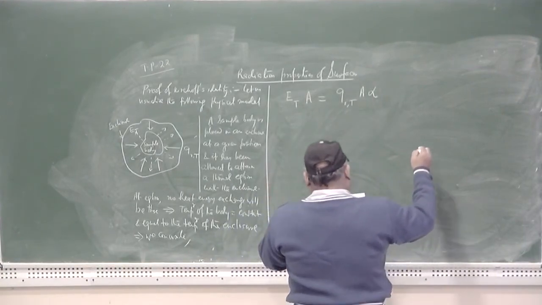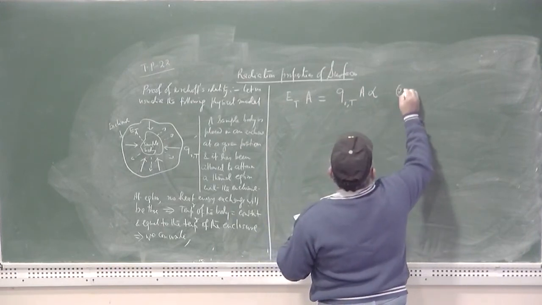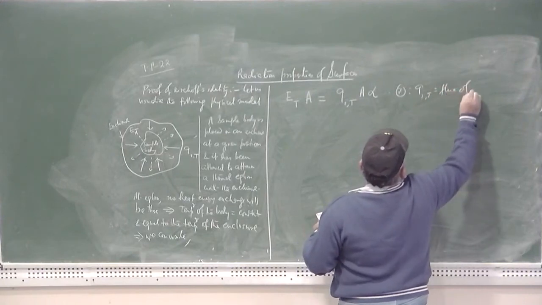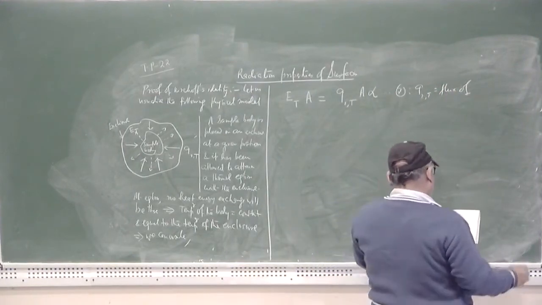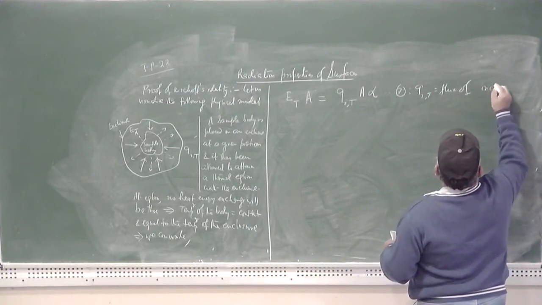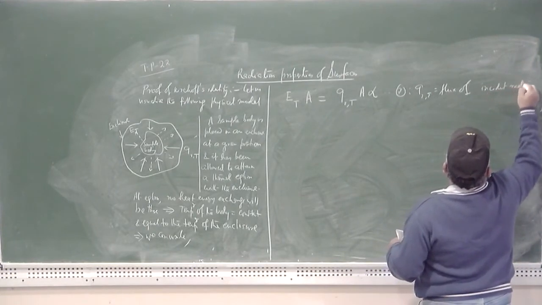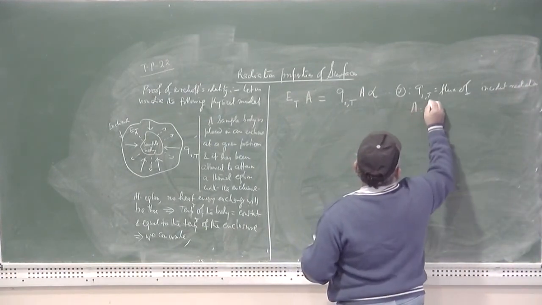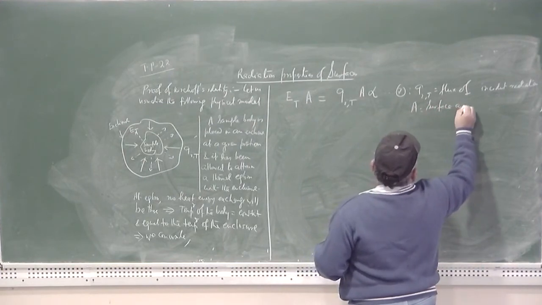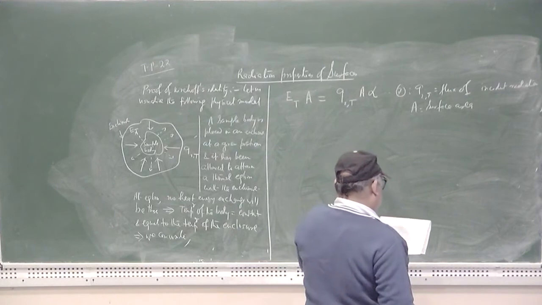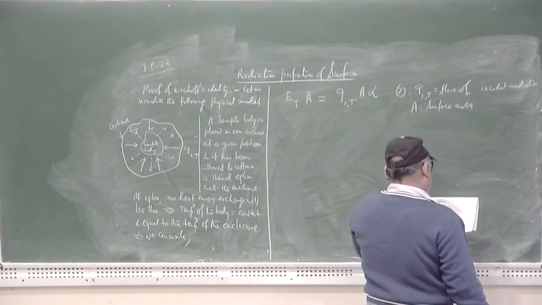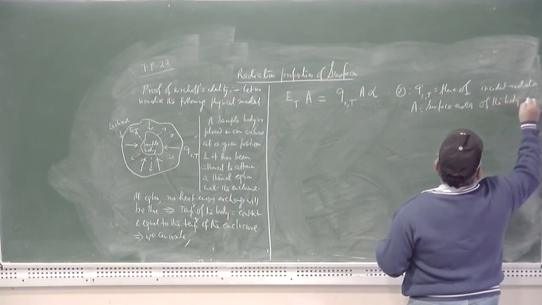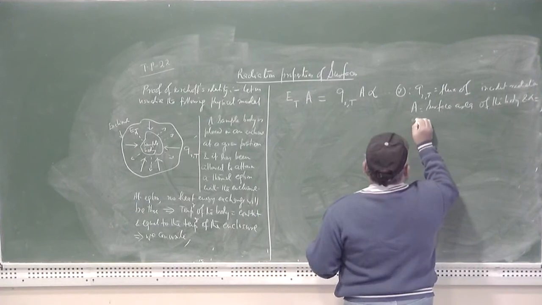Let it be equation number 7. Here Q i t is the flux of incident radiation, A is the surface area of the body, and alpha is its absorptivity.